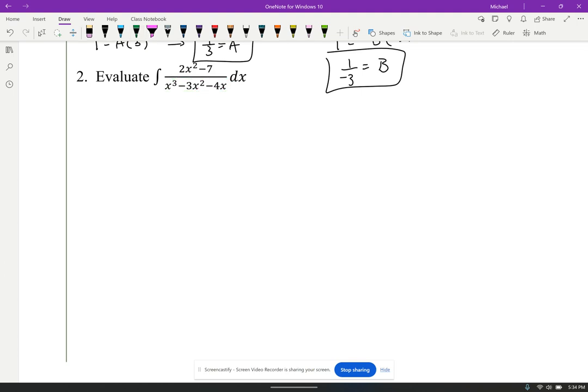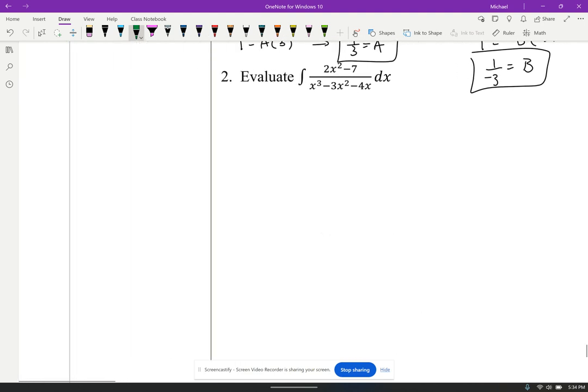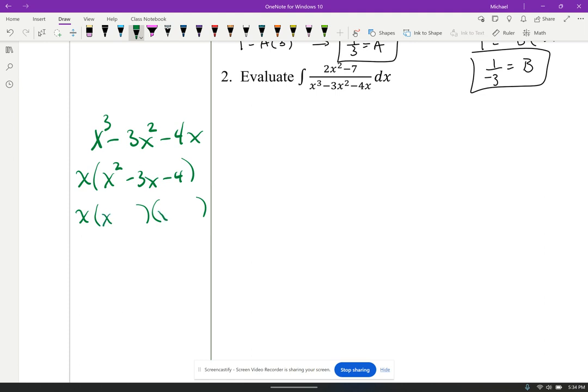So as we look to solve the second example, we're going to need to factor this denominator, and I'm going to do it here on the side. Well, first of all, I notice they all have something in common. There's a greatest common factor, and that is x. And then I can see that I can factor this out even further into two binomials.